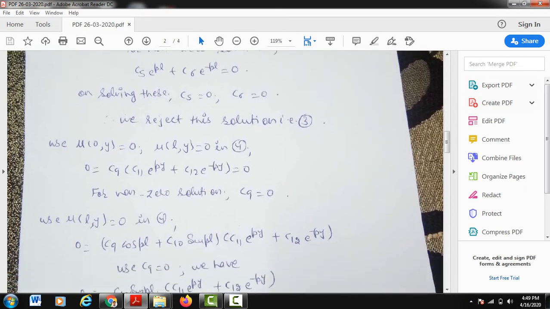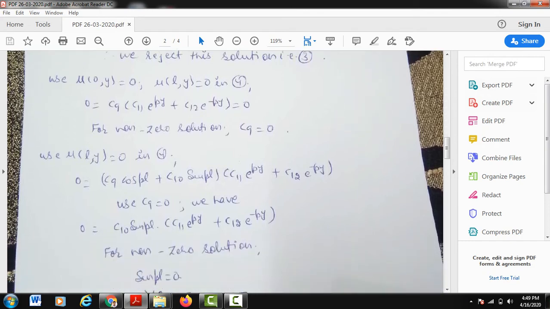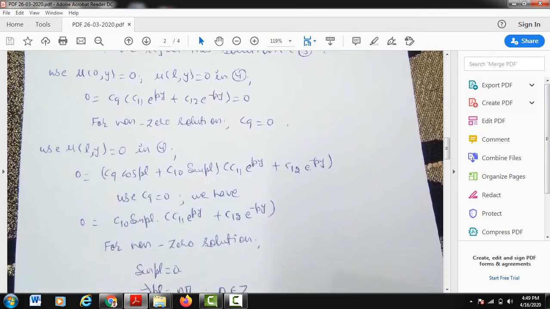Let us apply the condition for solution number 4, because we just want to choose the feasible solution for the given equation out of the 3 solutions given by equations number 2, 3 and 4. So we are going to use u(0,y) equal to 0 and u(l,y) equal to 0 in equation number 4. If I put x equal to 0, I will have C9 (C11 e^(py) + C12 e^(-py)) is 0.